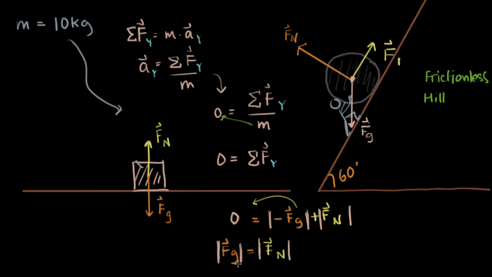So the magnitude of the force of gravity is equal to the magnitude of the normal force. And that is why it is at rest. That does make sense, right? So let me copy these into a different layer because it is getting messy.